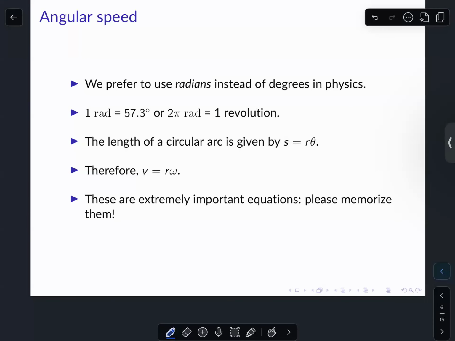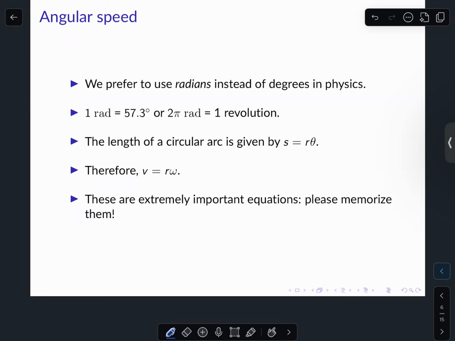The standard in physics is to use the radian. 1 radian is defined as the angle subtended by 1 r. Well, I'm just going to say it's 57.3-ish degrees. That's 180 over pi, 360 over 2 pi. So you need to know that number. It will come in very handy on homework, tests, quizzes. 1 radian is 57.3 degrees.